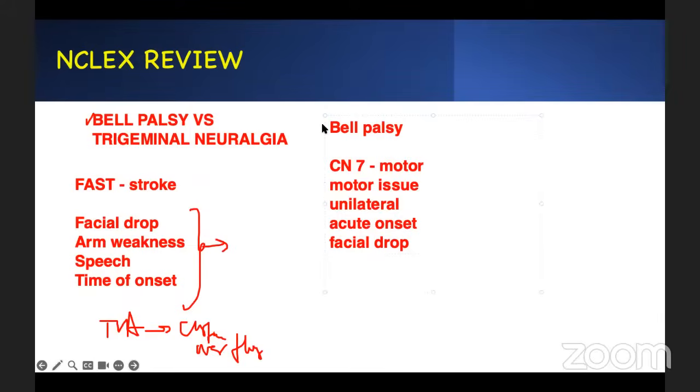This is mostly an inflammation issue. It has nothing to do with your brain. So when I'm reading the question, I'm looking at whether the patient had any viral illness before. If they give it to you, that is easy. Sometimes they hide it. Most of them may have some viral illness, but a bunch of them are idiopathic.